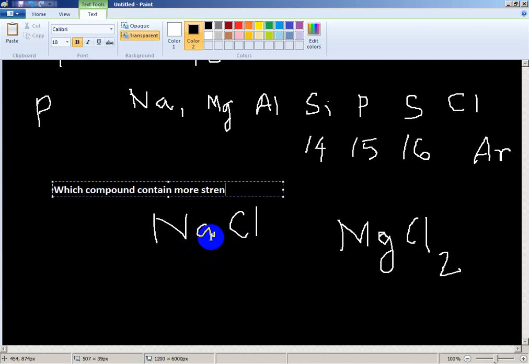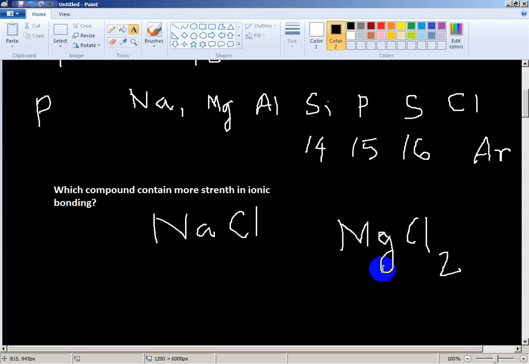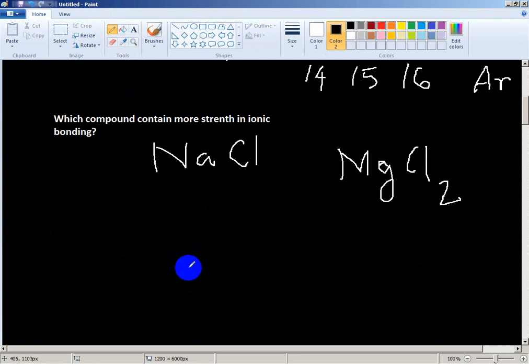Okay, which compound contains more strength in ionic bonding? I have given two compounds, sodium chloride and magnesium chloride. Which has stronger ionic bonding? The chloride is the same, so that is not the factor. The factor is sodium, which has 1 positive charge, and magnesium, which has 2 positive charge.